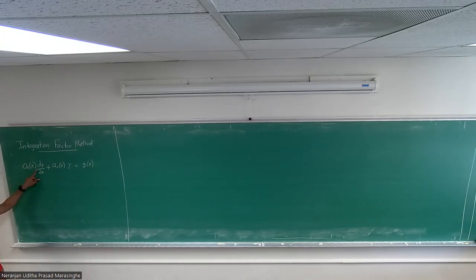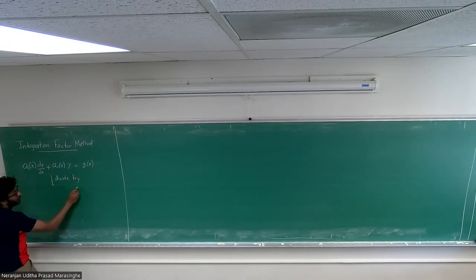The first step is make the coefficient of dy over dx equal to 1, right? So divide both sides by a1(x).